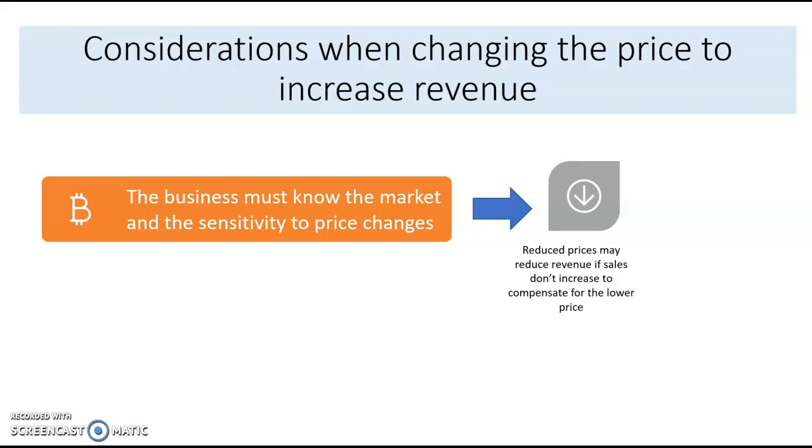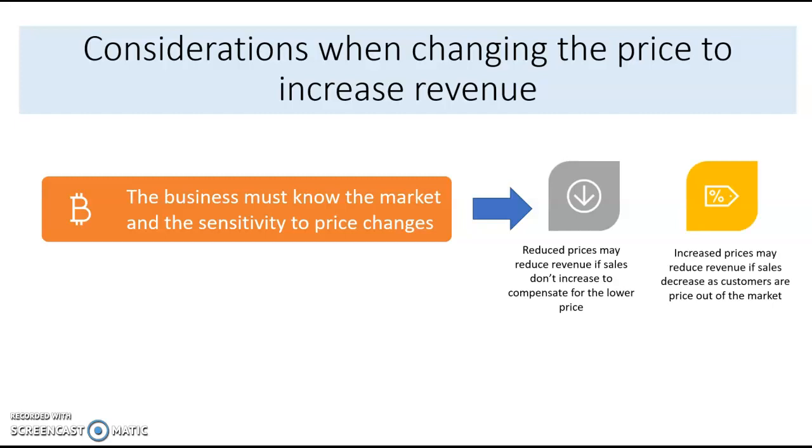Customers may simply stop buying from the business if the price is reduced too low because of the price-quality interaction, and they perceive that because the business now has lower prices, the quality of those products has gone down, so the level of sales will also now drop as customers go to competitors.